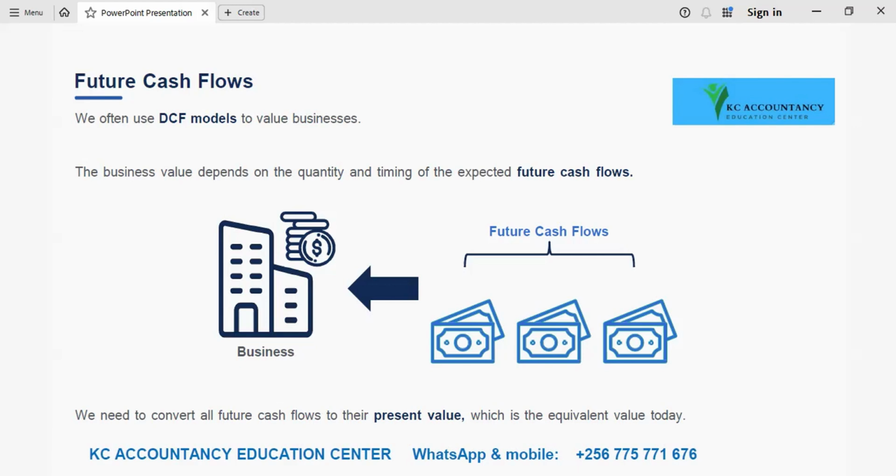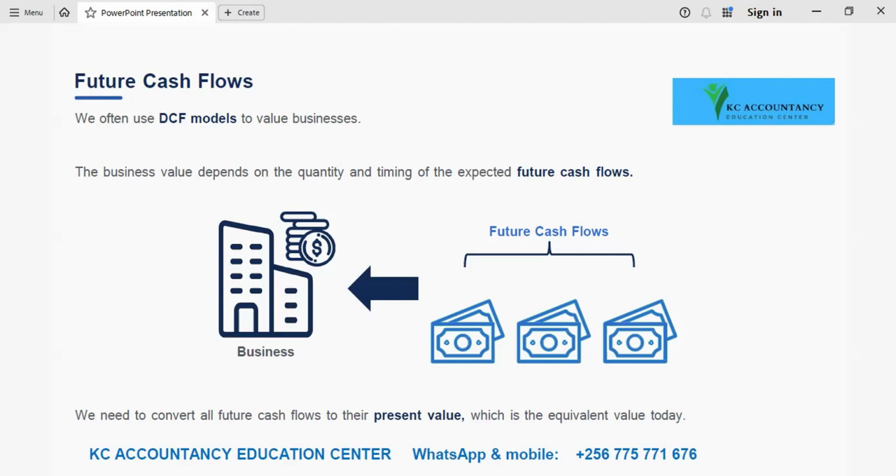In other words, since we anticipate that we are starting the business to make profit, and those profits are going to come in the future, we focus on the cash flows that we will receive in the future. But at the same time, we need to look at the timing. Since they are going to come in the future, we need to discount them back to know their present worth.